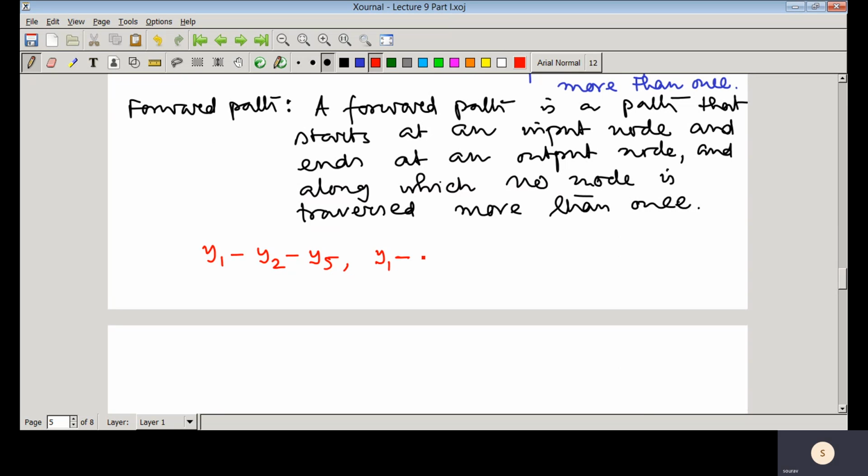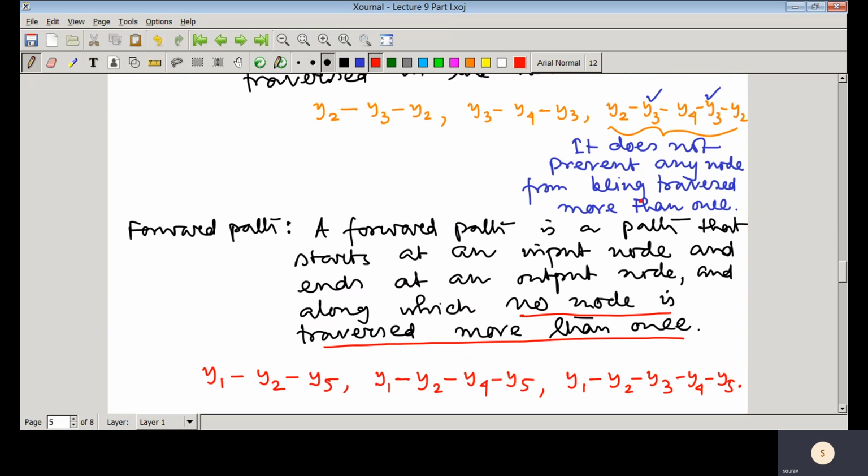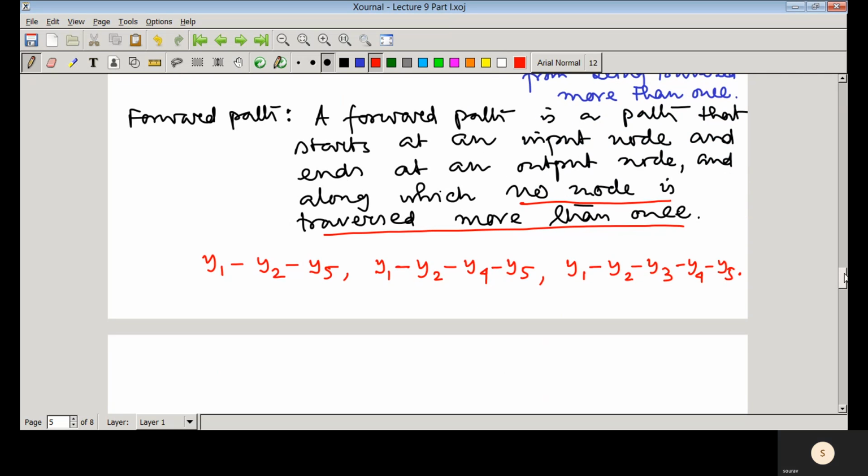Another forward path is y1, y2, y4 and y5, and another one is y1, y2, y3, y4, y5. Here you can see that no node is traversed more than once. From this particular example you can see, but this is different from the path.